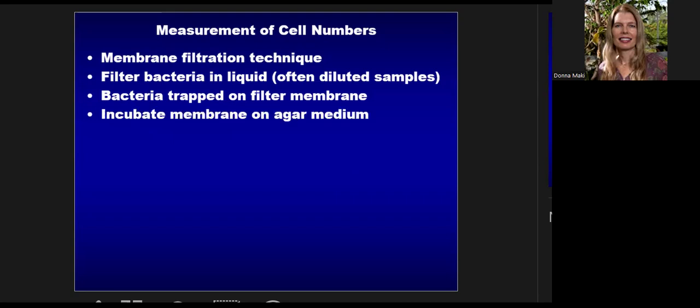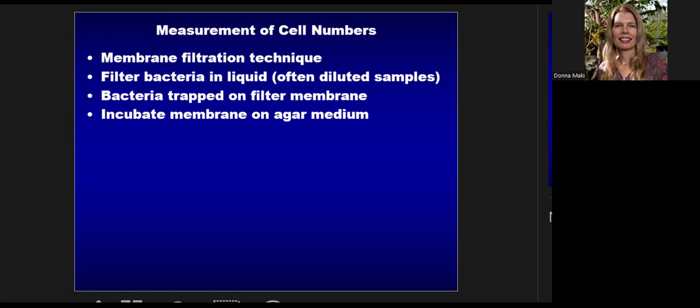And then you can take the filter and transfer it on top of an agar plate and incubate. And then you can count colonies that show up on the filter. If you grow up bacteria in the lab, you almost always have to dilute in order for this to work. You want individual colonies to show up. If it's too concentrated, it's just gonna be one long lawn of growth and you can't count colonies.